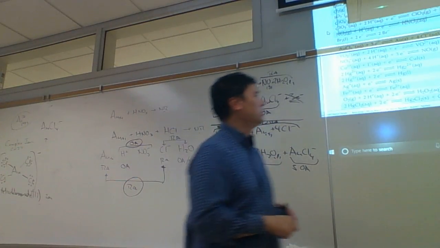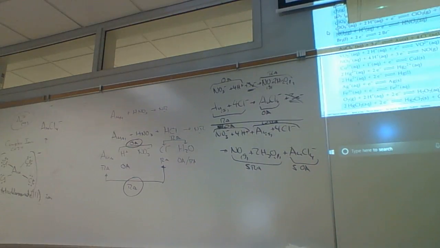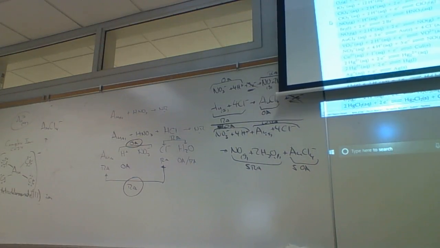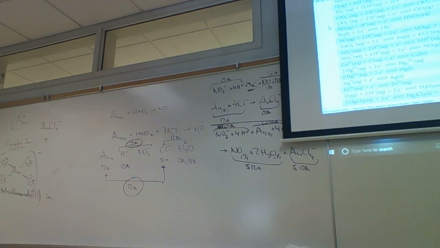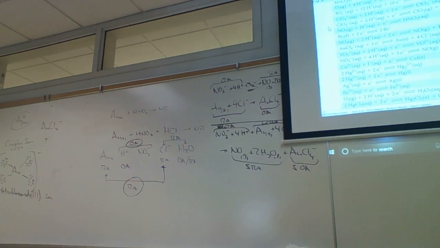Let's take a look. We're comparing NO and H2O. Which one would be closer to fluorine? Here's NO and H2O, here's gold and chloride. It looks like NO and H2O are closer to lithium, so that's correct.